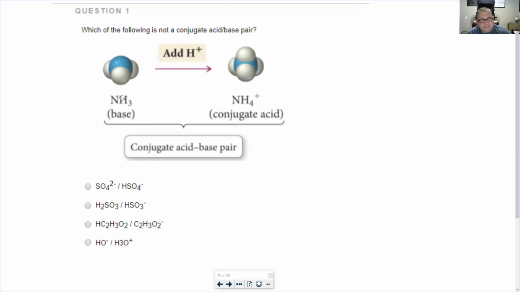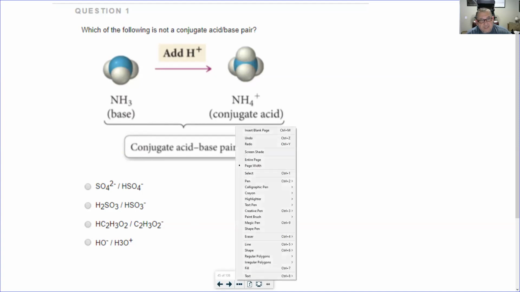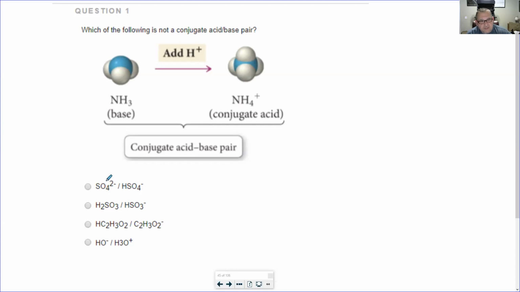The first question says, which one of the following is not a conjugate acid-base pair? To be a conjugate acid-base pair, they need to be separated by a proton.